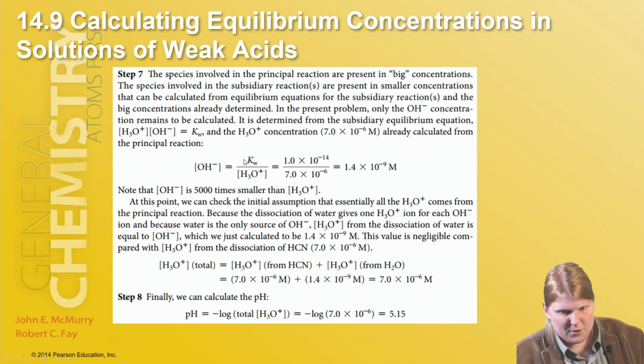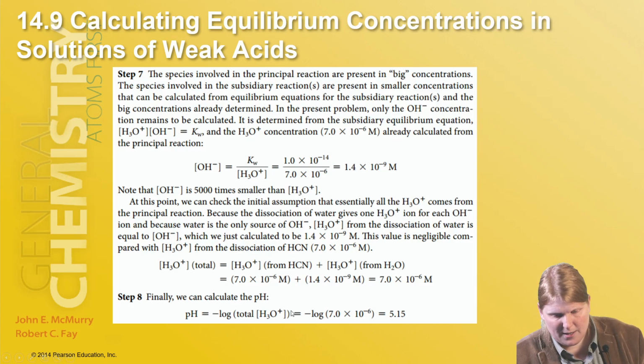Species involved in the principal reactions, that's your main dissociation. Again, if you needed to get the OH minus concentration, you could do that this way. You could calculate the pH from your H3O plus concentration, finally down here, whatever you were able to obtain.